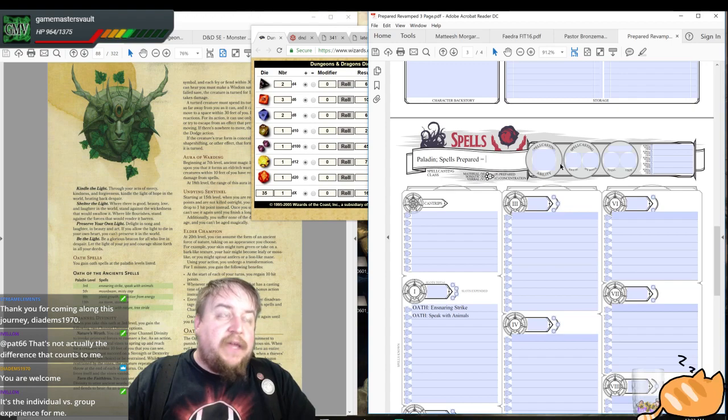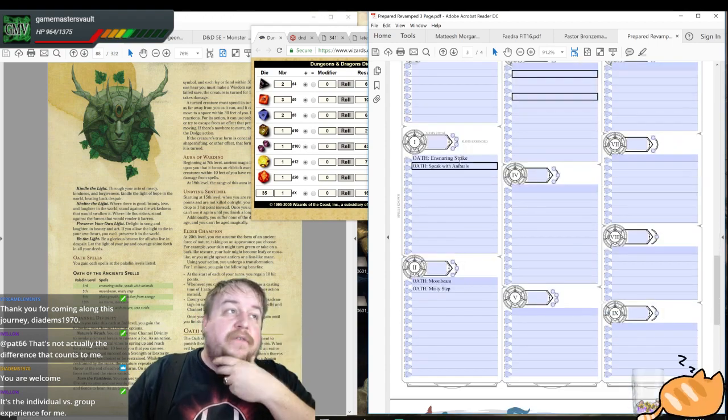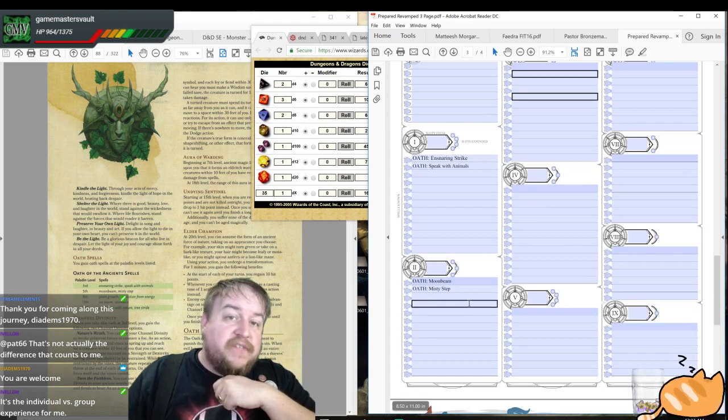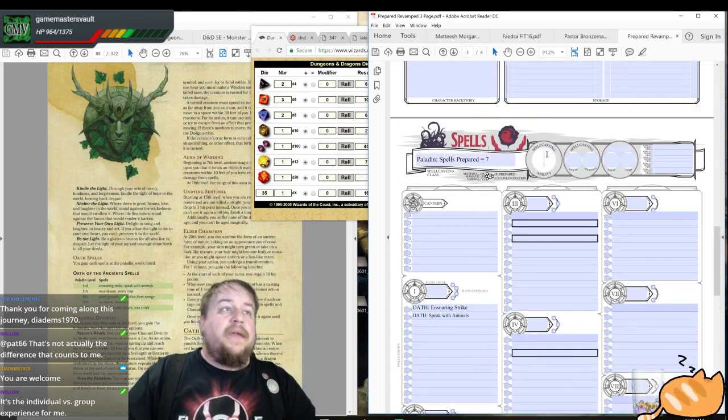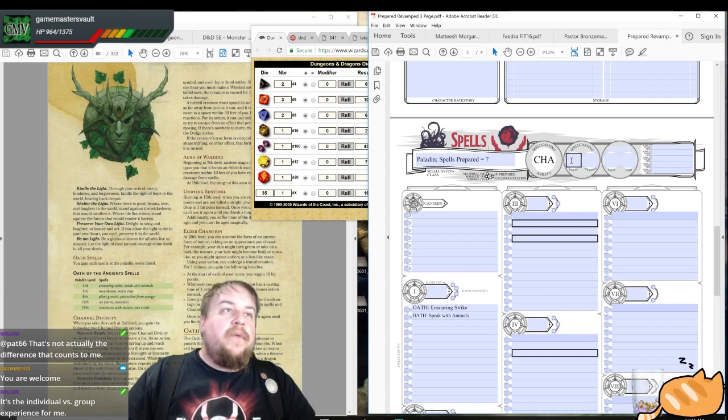In this case, we can prepare 7 other spells in addition to the freebies that our oath gives us. We cast off of charisma, so you can put that here. Or if you want, you can always do like charisma is +4 as a reference. We had a 15 save. We subtract 8, and that's our +7 for an attack.